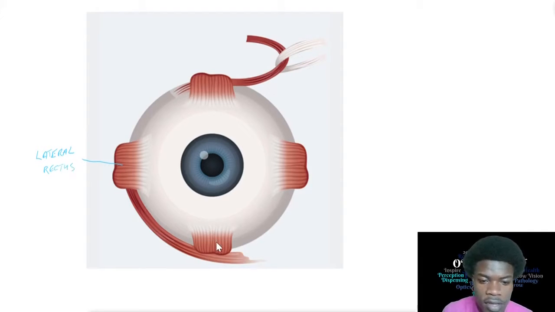Then we have the inferior rectus muscle, and then the medial rectus. Superior here as well, superior rectus muscle.